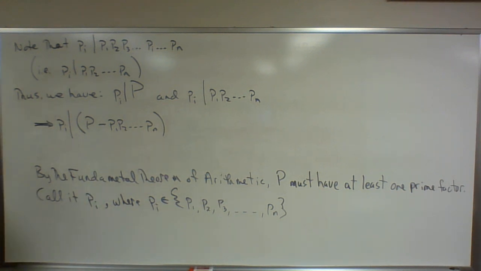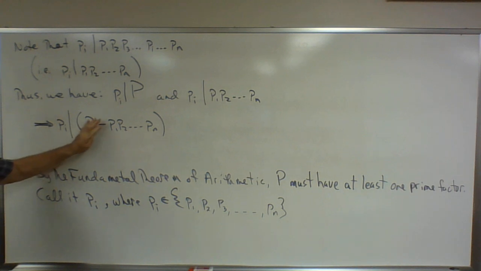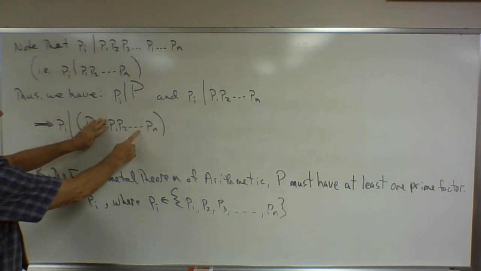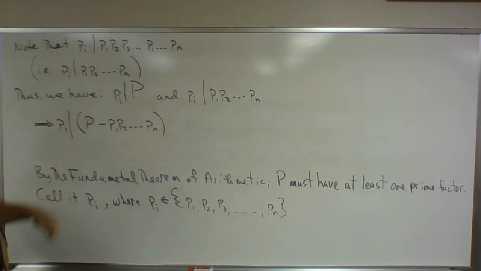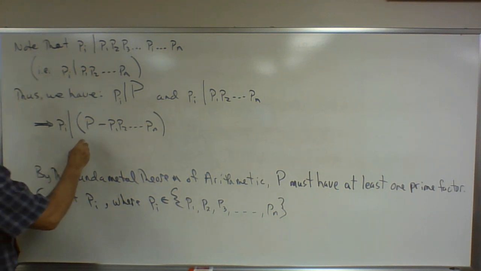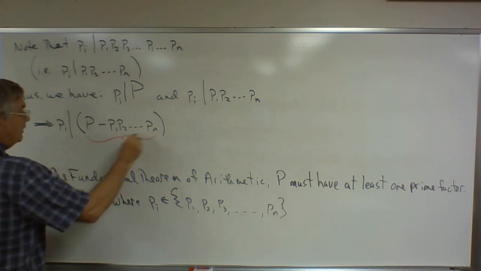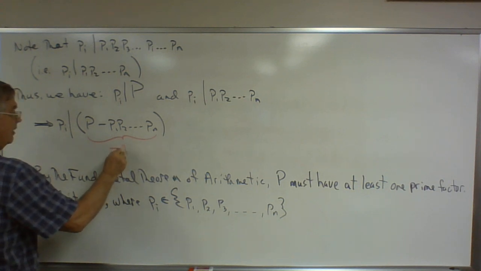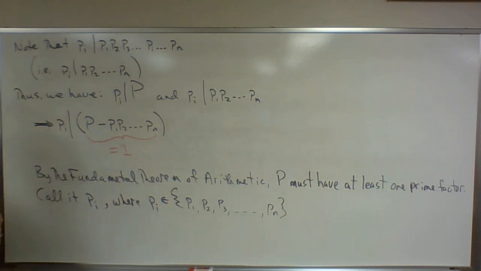Well, wait a minute now. What is P? What is capital P? It's just this thing plus 1, right? This thing is equal to 1. Son of a gun.